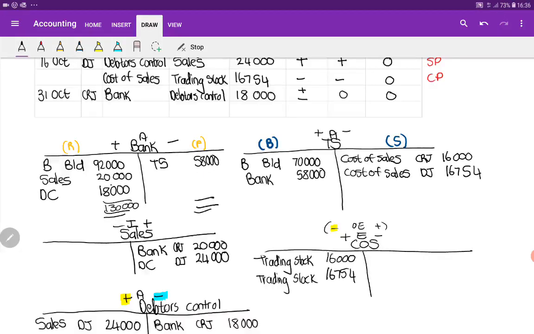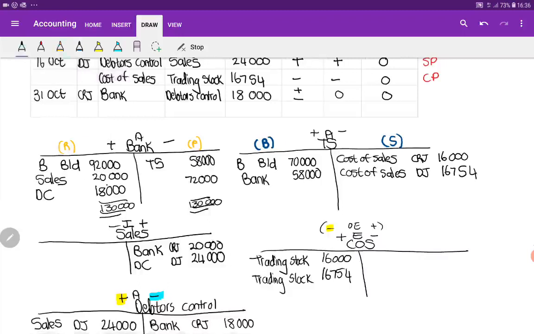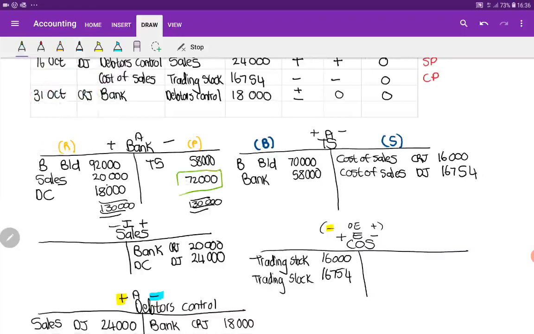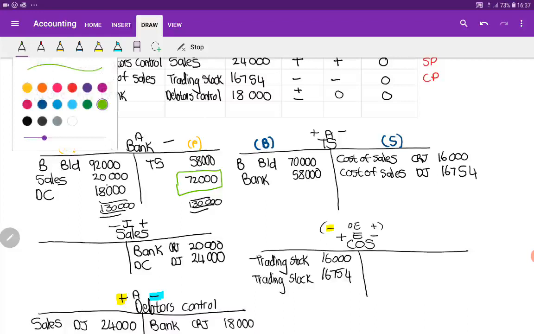So the credit side must be equal to 130,000, and the difference is 72,000. This is the amount of money which is left over in our bank account. So the business received 130,000. They spent 58,000, which means they have 72,000 left over.